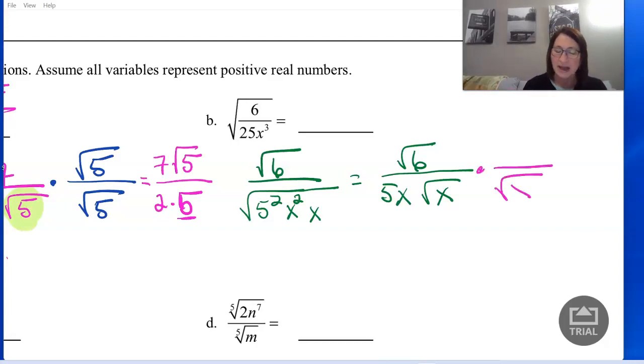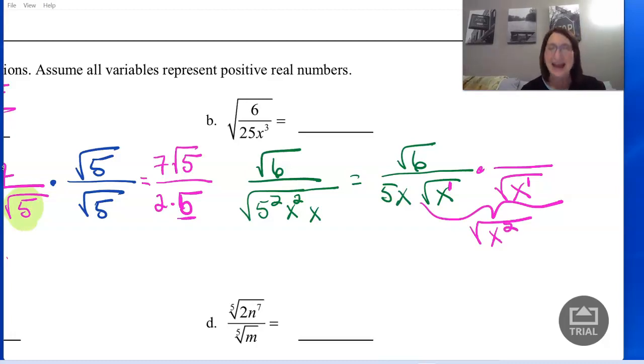If I multiplied by a square root of x, then that would be 1 plus 1, and together this will be the square root of x squared, which is going to be x. And in the top, I've got the square root of x.